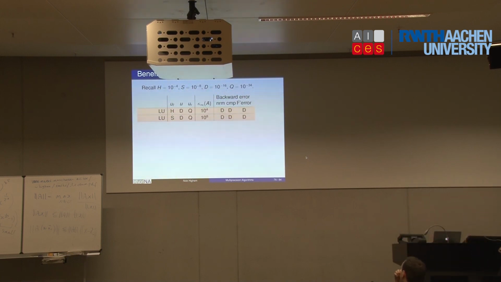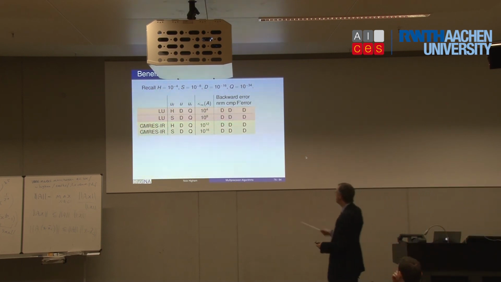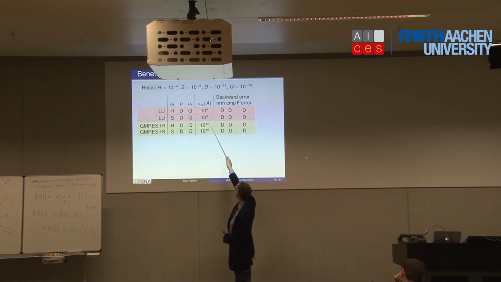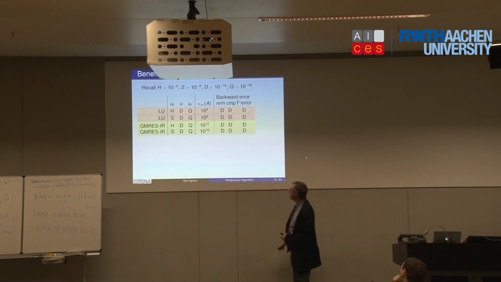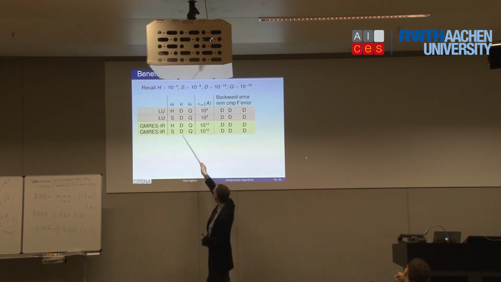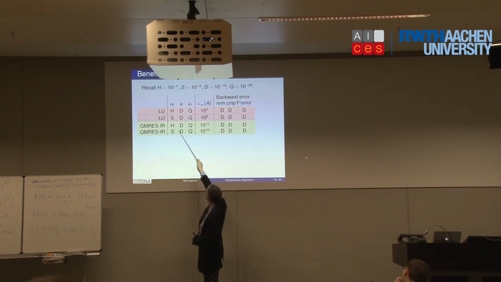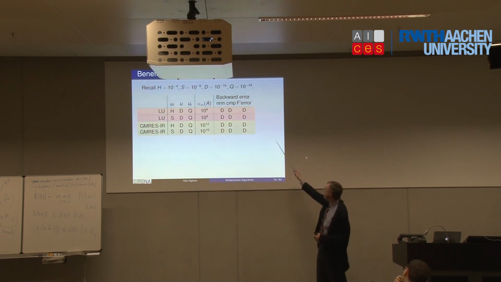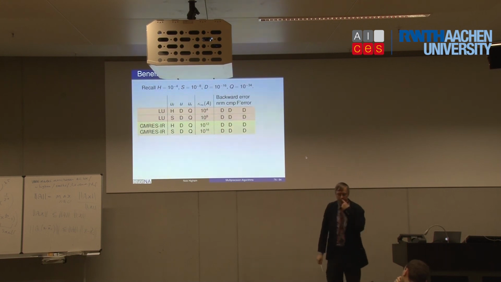So here's what the analysis shows when we use this GMRES idea. So with LU, the first 2 lines are what I showed you earlier. The GMRES approach has the benefit that it allows a much larger range of condition numbers. So we can now, if we use this idea of factorizing in half, where the working precision is double, I can allow condition numbers up to 10^12 now and still get perfect backward and forward errors.